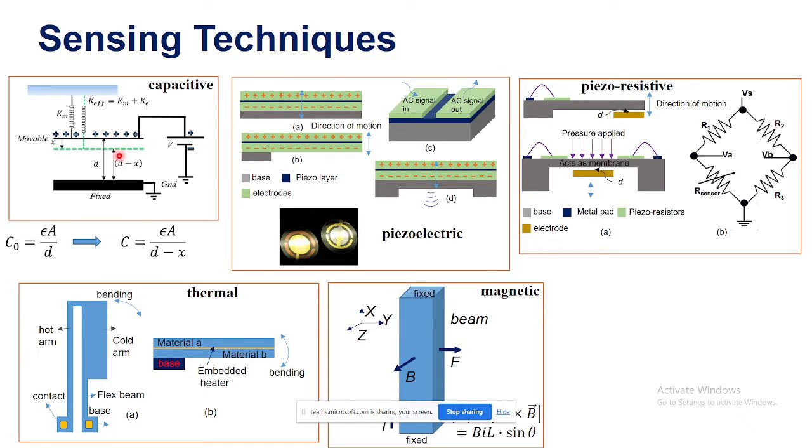We can move this plate up and down, and accordingly we have delta C. So a change in displacement gets converted into a change in capacitance. Once we know this, we can use an electrical circuit to convert this change in capacitance into an equivalent voltage or current, and accordingly we can measure how much change has occurred. So this is the first example.